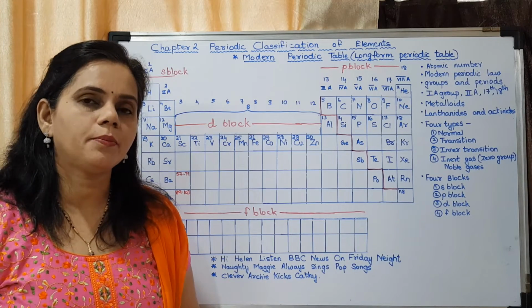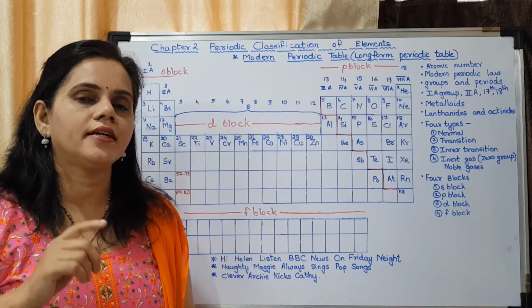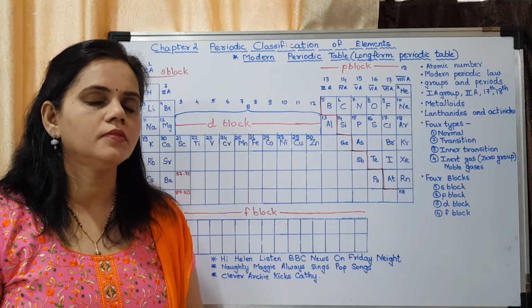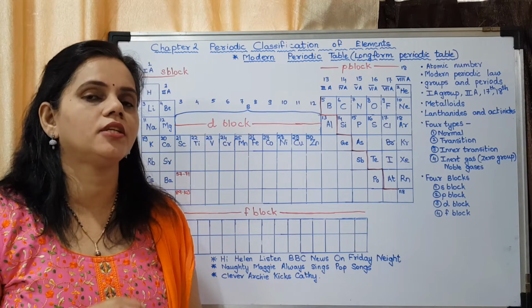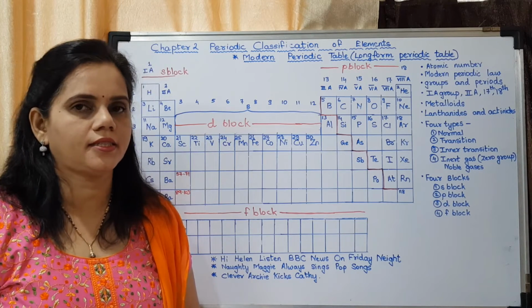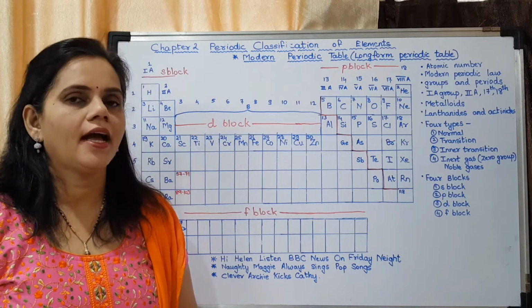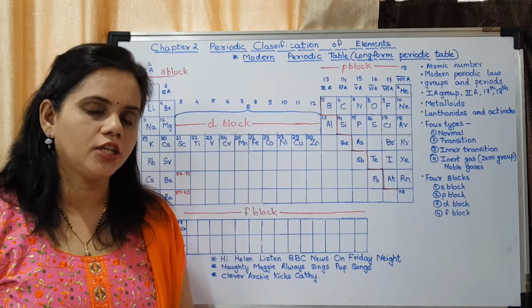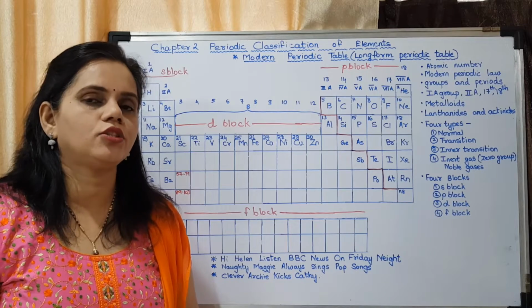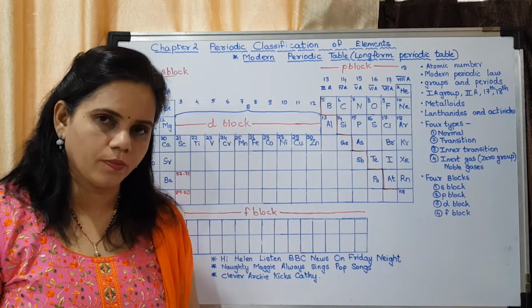So you are supposed to learn the names of the first 30 elements, and the electronic configuration and valency of the first 20 elements. Also the elements belonging to the first group, second group, 17th group and 18th group.